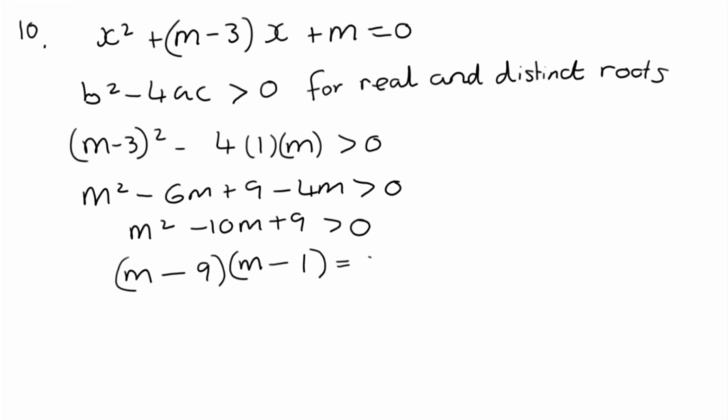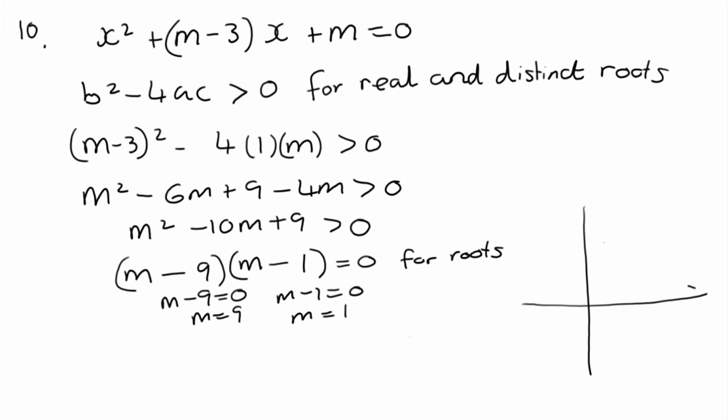This is just to find the roots. It doesn't equal 0, but it's just so I can sketch it. So m minus 9 equals 0, so m would equal 9. m minus 1 equals 0, so m would equal 1.